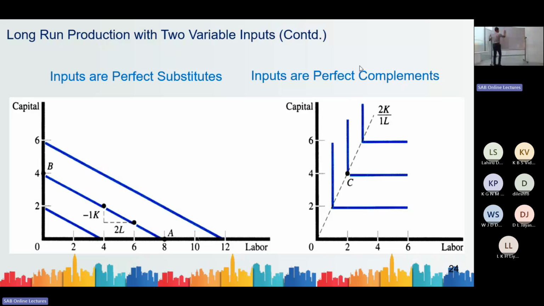Production cannot be done with only one input. It is compulsory to have both inputs, otherwise there won't be any production.